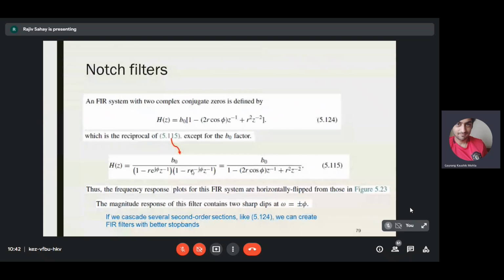If there is some kind of a power source, then it can lead to corruption by the 50 hertz frequency. So to remove that interfering frequency, we can build a notch filter. So in image processing, you have applications of this notch filter.